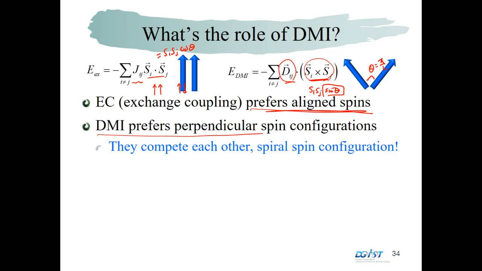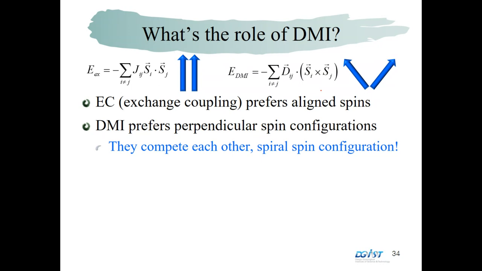So what can happen? This DMI always exists with this exchange term. So they prefer the parallel configuration, but they also prefer the perpendicular configuration. They compete with each other. And as a result, we have a kind of non-collinear spin configuration.